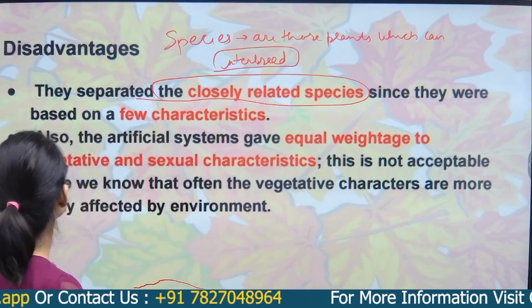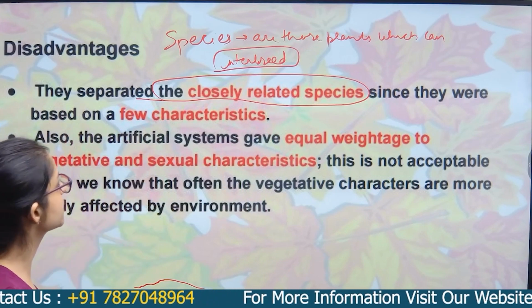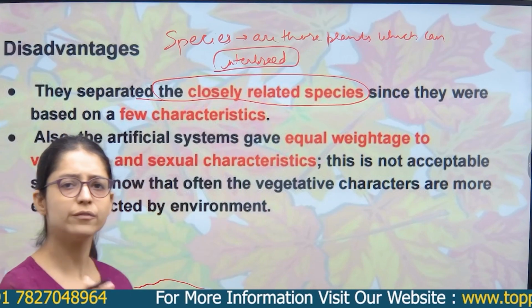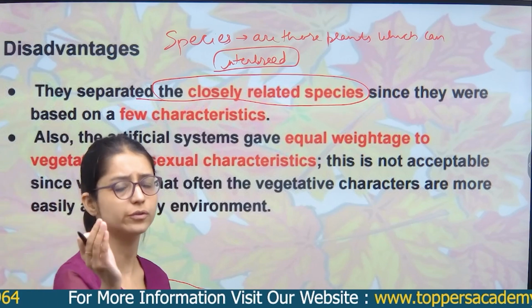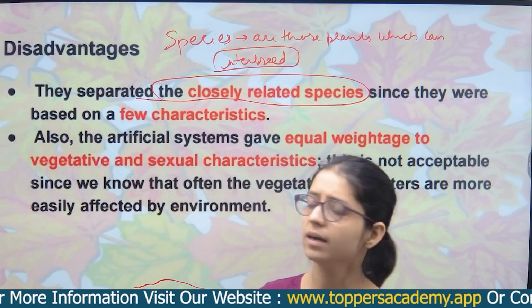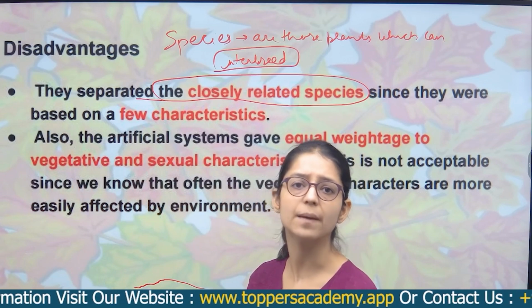They separated closely related species since they were based on only a few characters, not many, such as plant height or plant habitat.